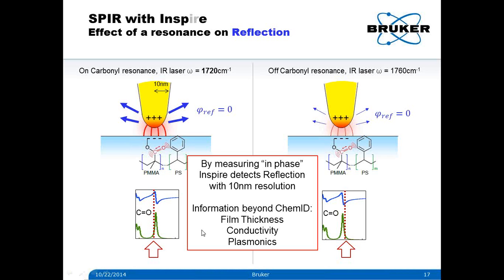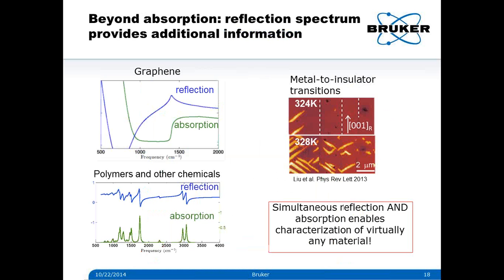And beyond that, the reflection channel gives you information about the film thickness. We have looked at the organic semiconductor pentacene before, where we could see that the different layers show up differently in reflection. You can get information about the connectivity or plasmonics, for example in graphene, just by looking at the reflection of your sample, and we will go into that deeper later on.